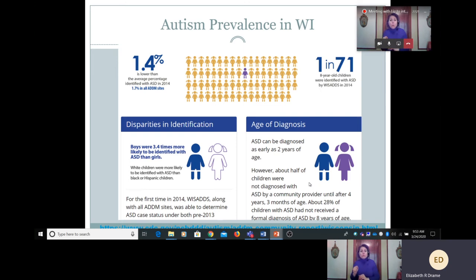This is really problematic because they don't have access to intensive early intervention that can have a positive impact on children's life outcomes. There's a host of services between 0 and 3 years old that if you're identified at 4 years old, you just don't have access to. So it's really, really problematic, and I think there's increasing awareness and hopefully outreach to try to close the gap.